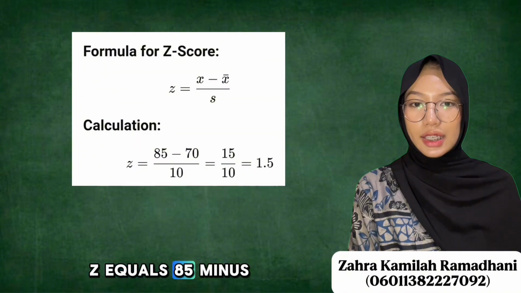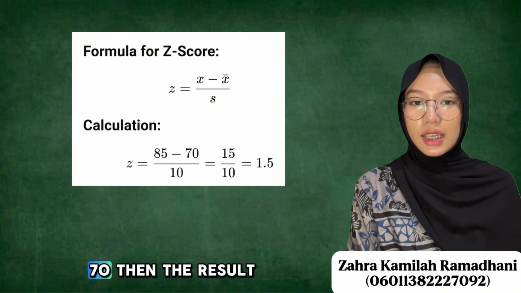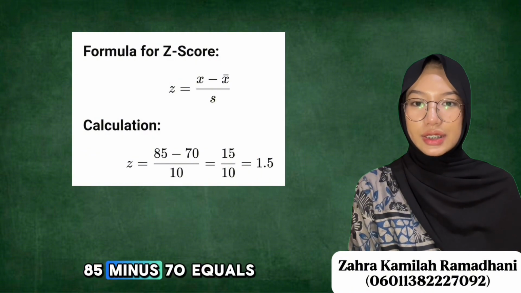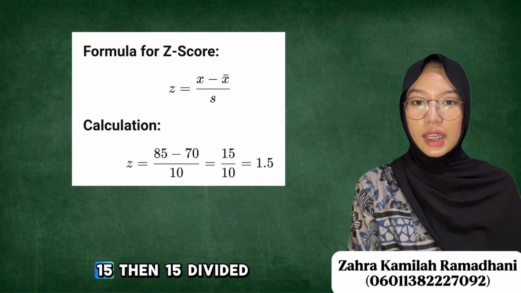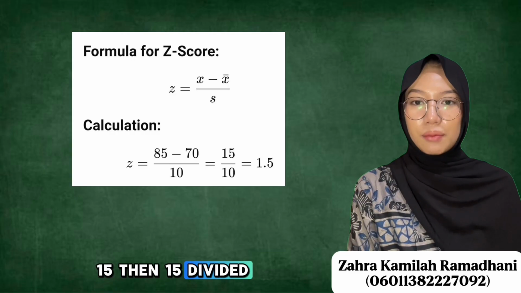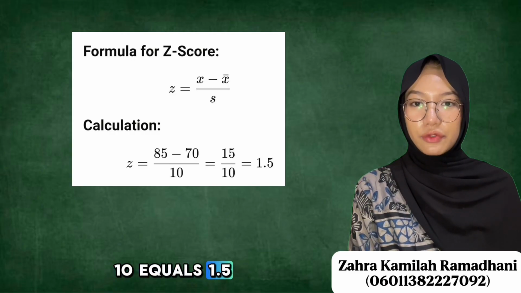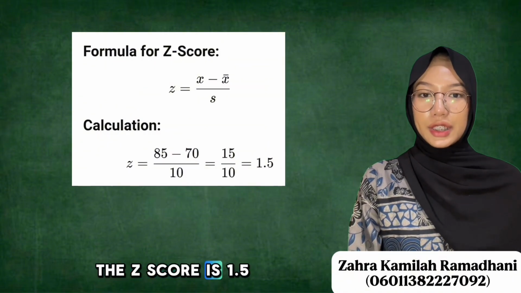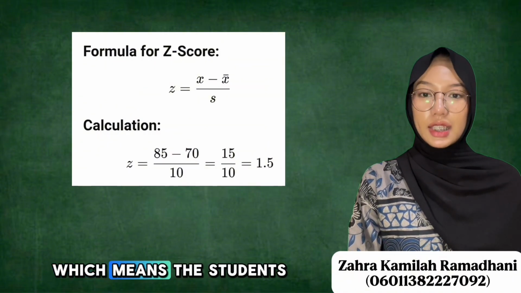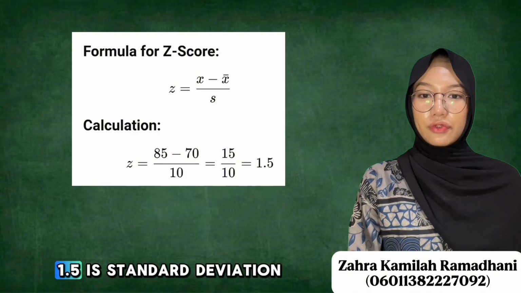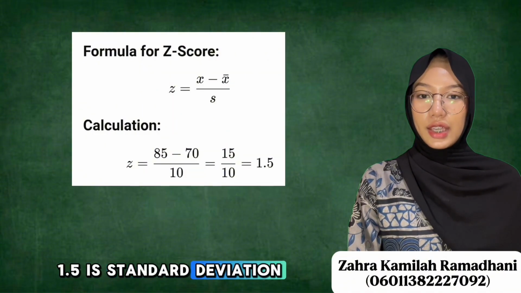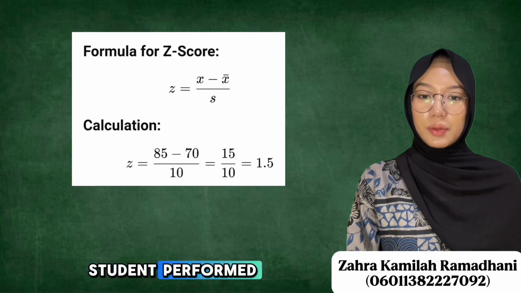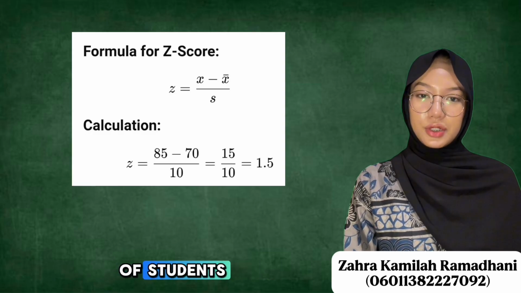Z equals 85 minus 70, then the result is divided by 10. 85 minus 70 equals 15, then 15 divided by 10 equals 1.5. So, Z equals 1.5. The z-score is 1.5, which means the student scored 1.5 standard deviations above the mean. In practical terms, the student performed better than the majority of students.